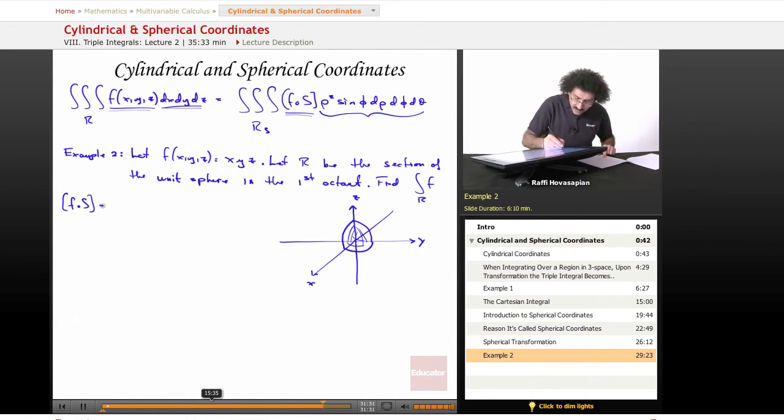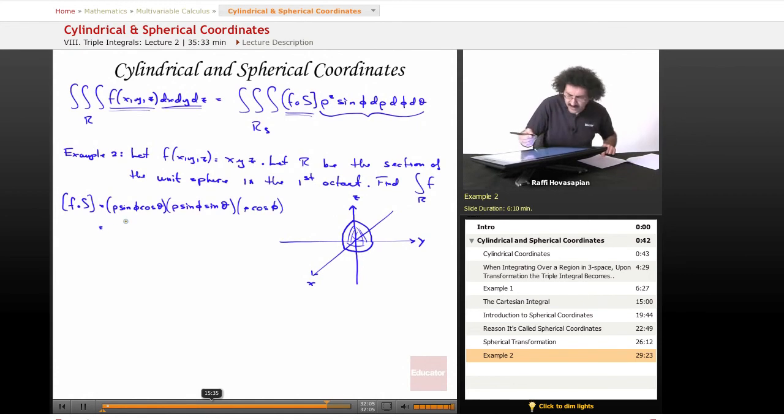So f of s, well, f is x, y, z. X is rho sine phi cosine theta. Y is rho sine phi sine theta. Z is rho cosine phi. So we just put them in and multiply them out. So x, y, z is equal to rho sine phi cosine theta times rho sine phi sine theta times rho cosine phi.